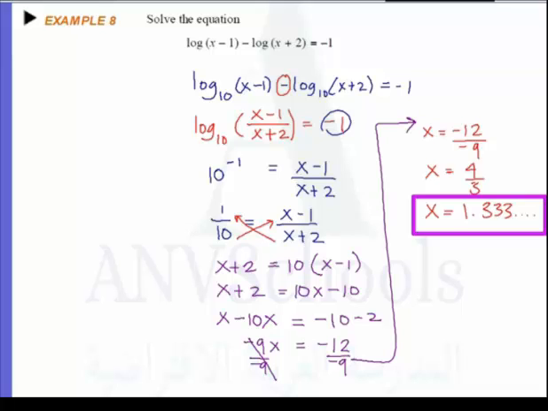Now, if you have doubt whether this x value is suitable, you could see that when you substitute x = 1.33 into these portions, each yields a positive value.